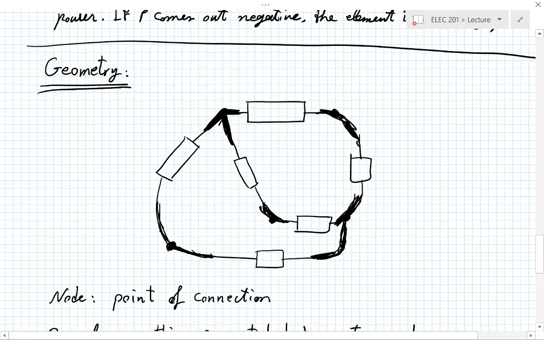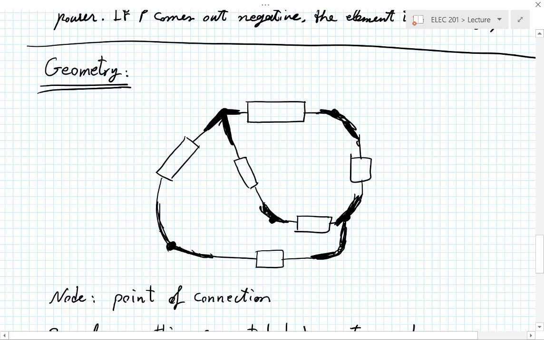You can do this as an exercise. And again, this is something you will see in problems as you solve assignments and so on. But if you write KVL in this loop and in the other, and then you write KVL in the big loop that goes around, you will see that the third KVL is actually the sum of the previous 2 equations. So they are not independent equations. Here you will get only 2 independent KVLs.